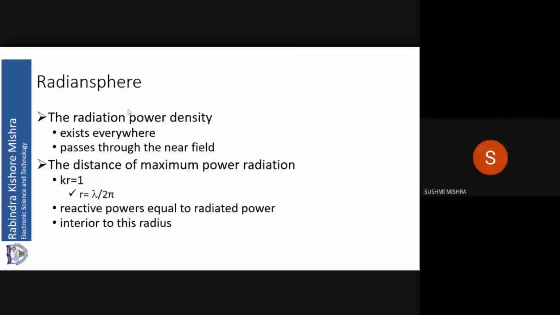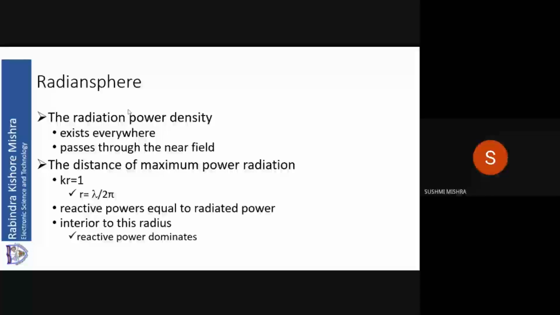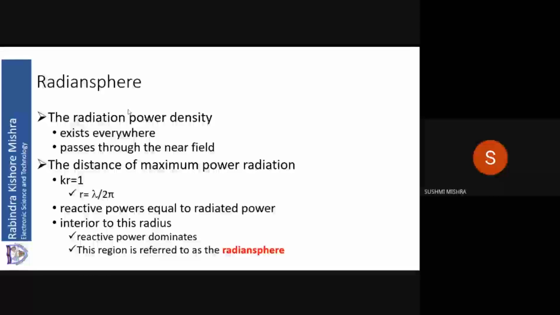So interior to this radius, I will get dominant reactive power. If I go exterior to this radius, I will get dominant radiative power. Therefore, if I imagine a sphere at Kr equal to 1, the region enclosed by that sphere, including the surface, is called the radian sphere.